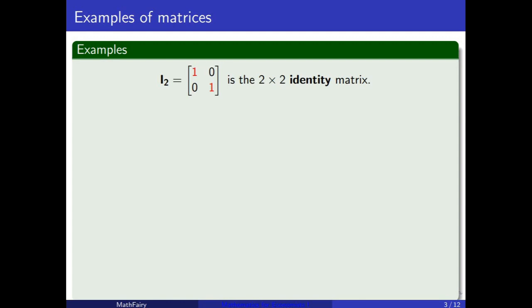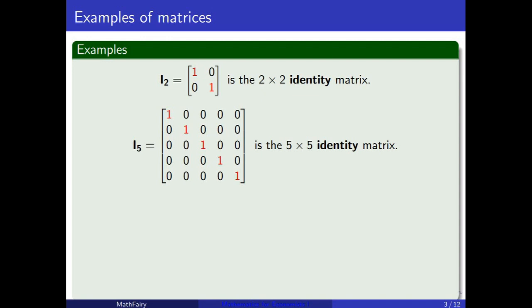Examples of matrices include the 2 by 2 identity matrix, which we can see here. It has elements 1, 0, 0, 1. Similar object is the 5 by 5 identity matrix, where on the so-called main diagonal we have all ones, and everywhere else we have zeros.